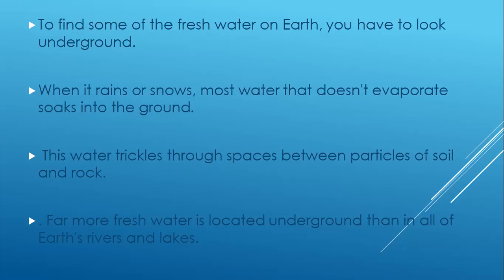Far more fresh water is located underground than in all of the rivers and lakes. So if we get the 20%, mostly in the lakes, we get it in North America, we'll get a lot of water underground, sometimes around 40 to 60%.